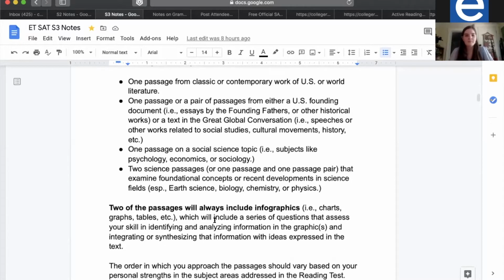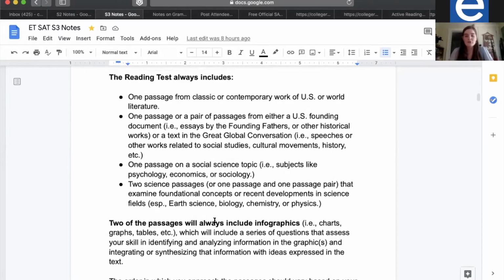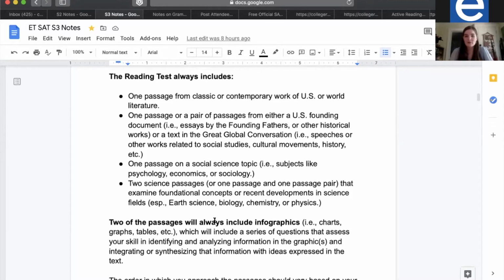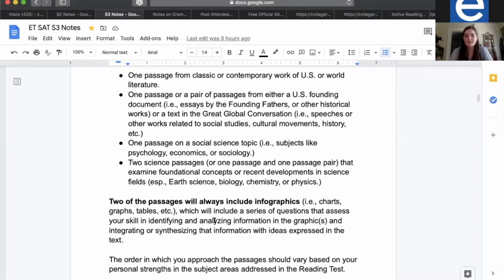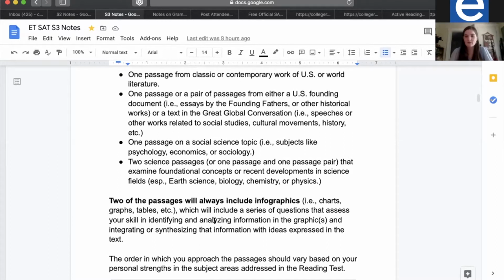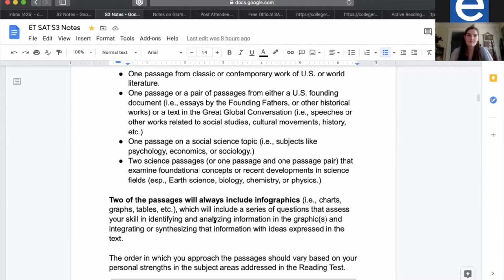All right, so the types of passages: the reading test will always include things from classical or contemporary works of US or world literature, and one passage or pair of passages from a US founding document, so things from the founding fathers or other historical works, essays, treatises, etc. You have texts in the global conversation.